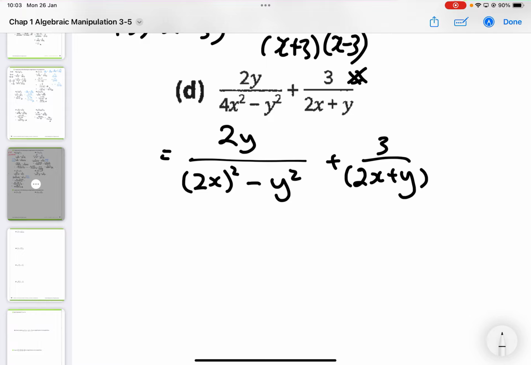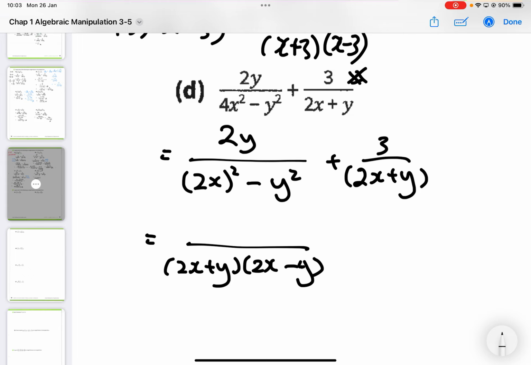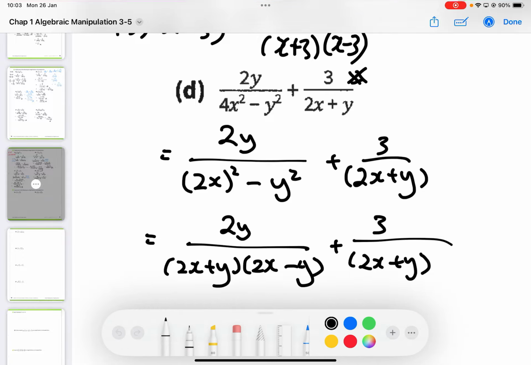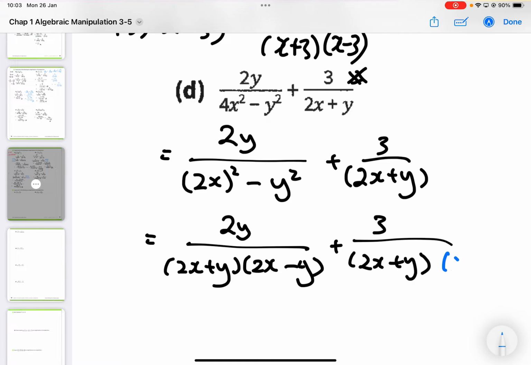So I can use my identity: front plus back, front minus back. So the front plus back is the same as the one behind already. Now I only need to multiply by 2x minus y.